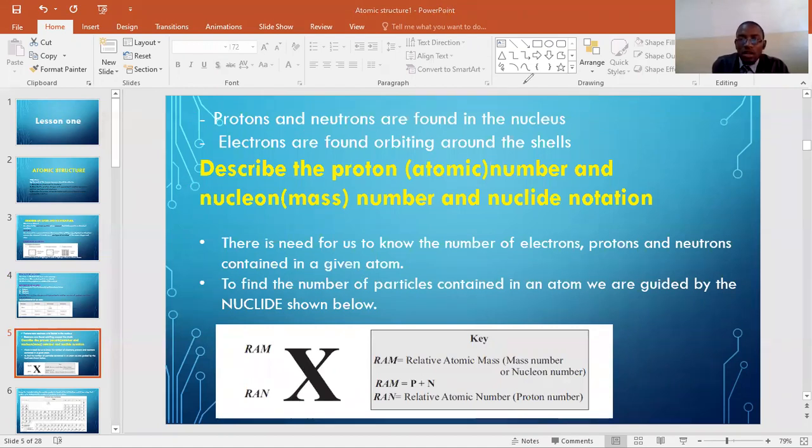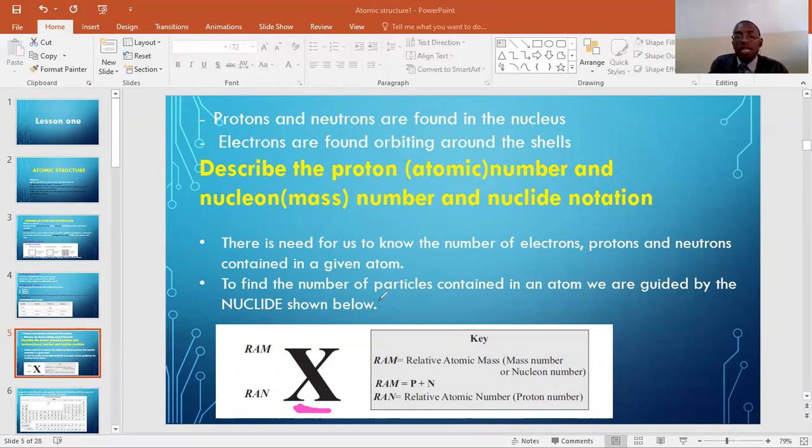We use a representative letter X. The X that you're seeing here, and its composition, which is the RAM and the RAN, is what is known as the Nuclide notation. This is a very important notation. It gives us the information about what is contained in an atom. It tells us the number of protons, the number of electrons, and the number of neutrons that you can find in a particular atom.